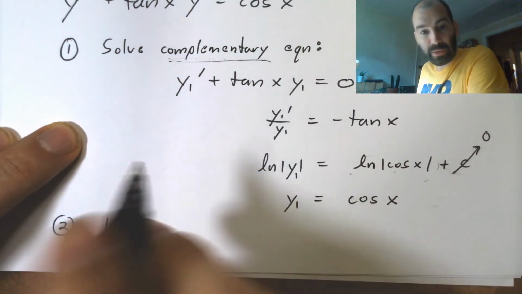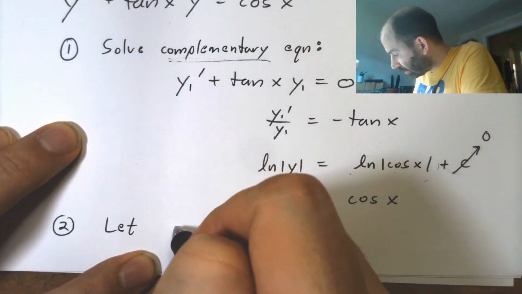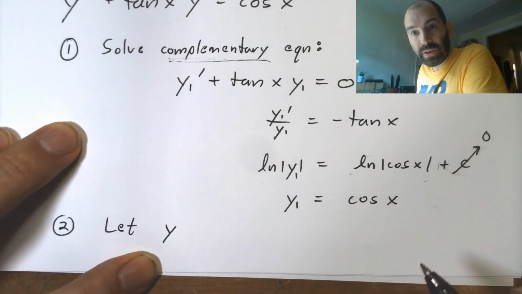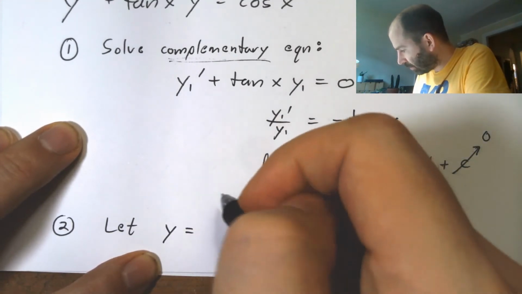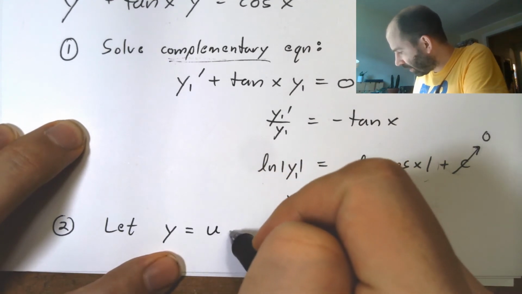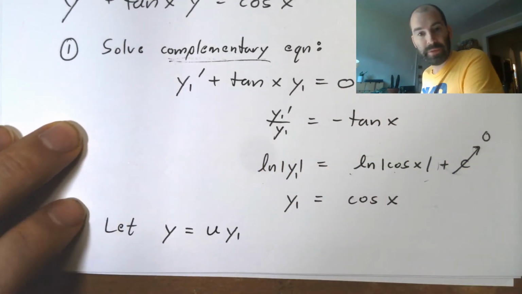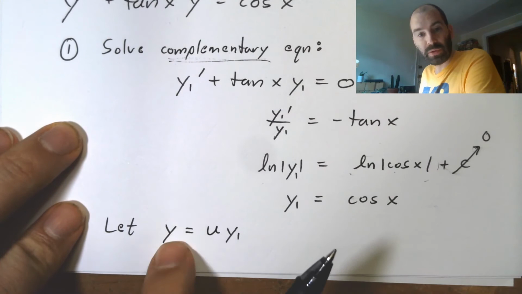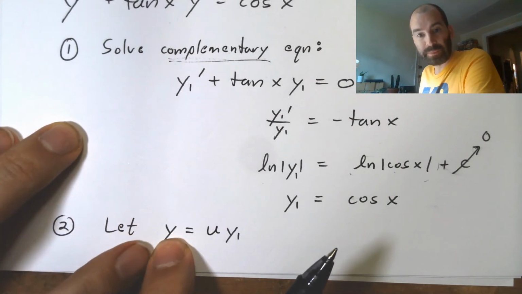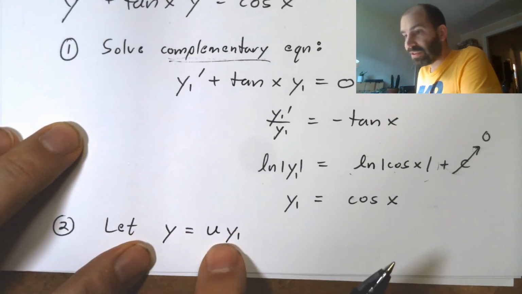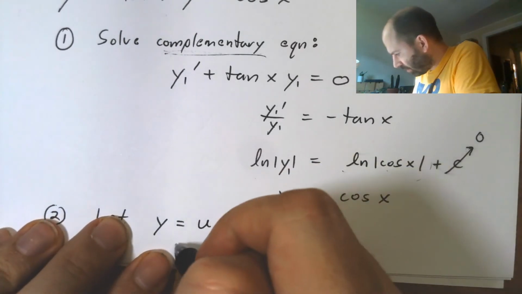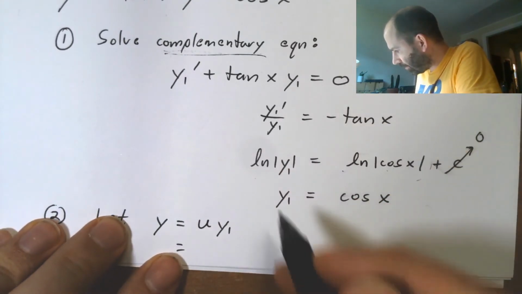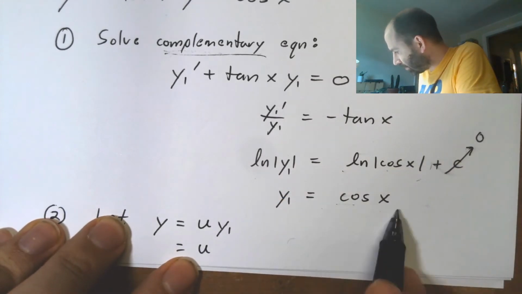Now the real solution, we're going to suppose that y is equal to u times y1. So the real solution we're calling y. So let's go ahead and plug this in. So this is going to be some function u times cosine x.